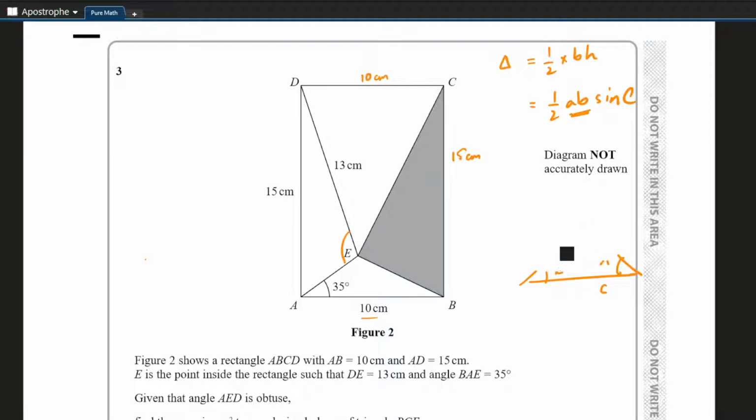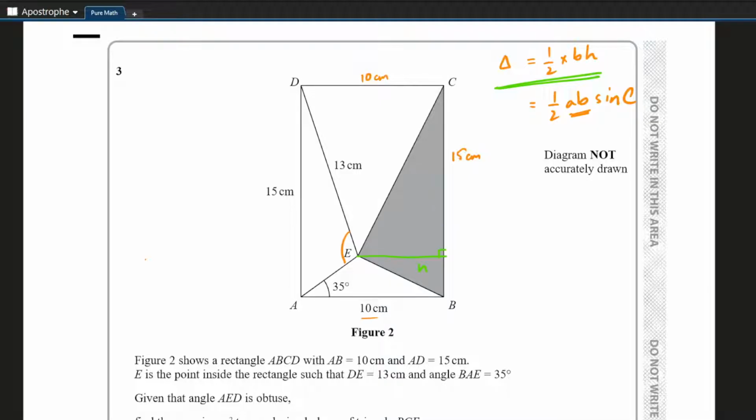We will do it both ways. First we'll do this one, where this is the base. Now we just need to find the height.